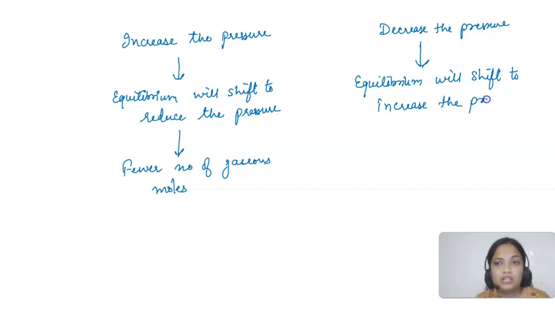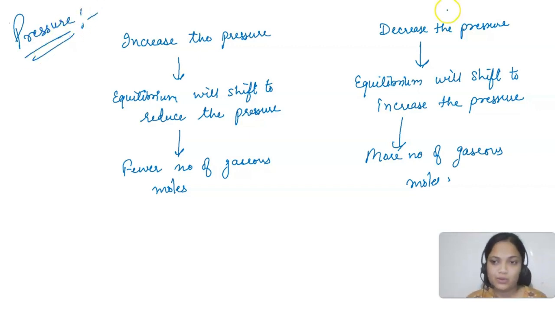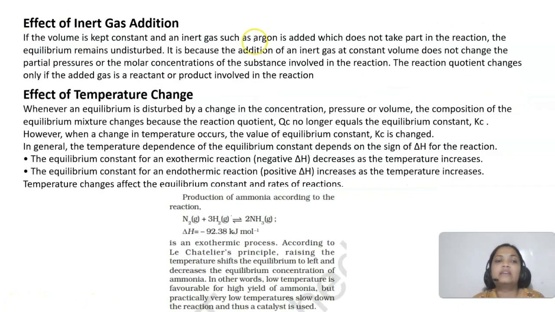How will the pressure increase? The pressure will increase, though the system will shift to the direction where you have more number of gaseous moles. So जितने ज़्यादा moles होंगे उतने ज़्यादा pressure होगा, right? So this is for pressure. So I am giving you these flow charts for everything. Okay. So next factor, students, inert gas addition.